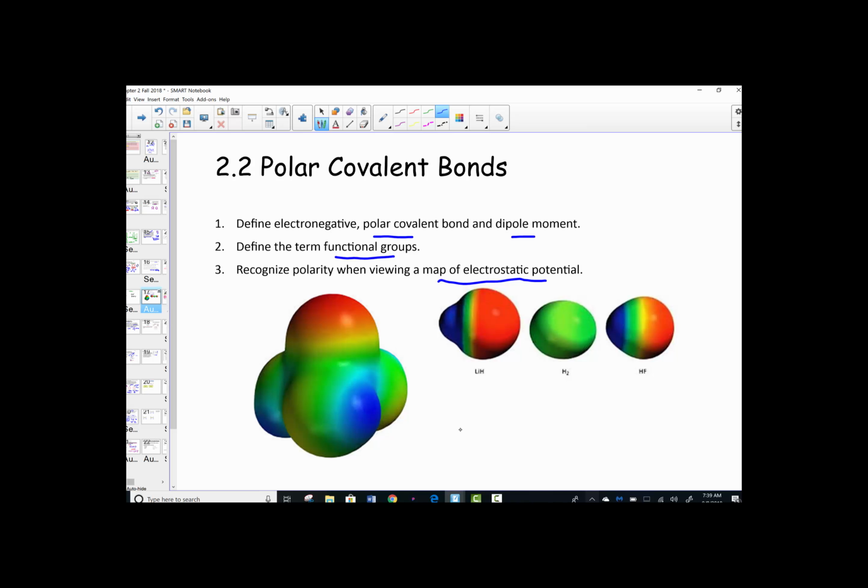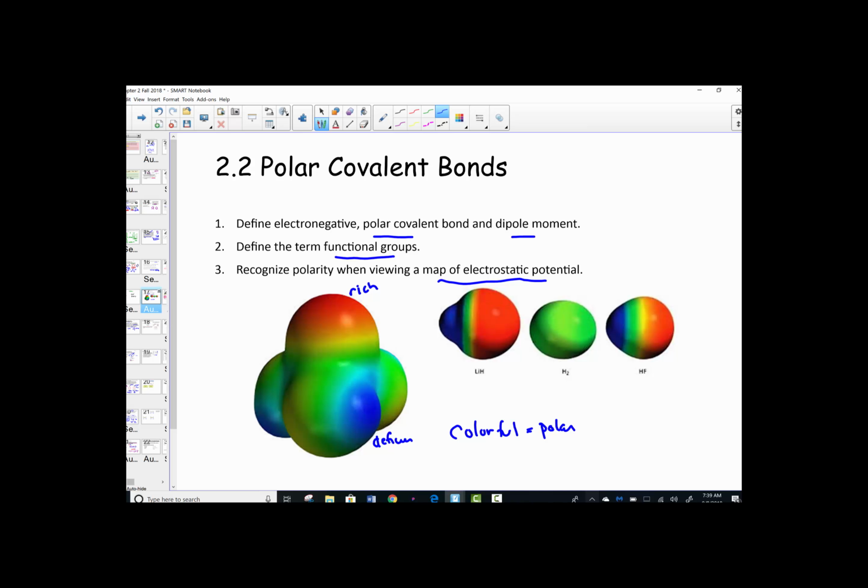We can see the more colorful the model is, the more polar the molecule is as well. The electron distribution in the red region is very rich. The electron distribution in the blues and the greens is very deficient.